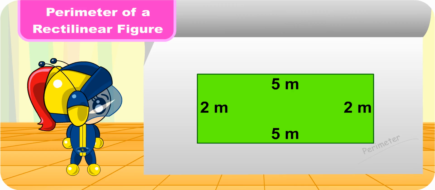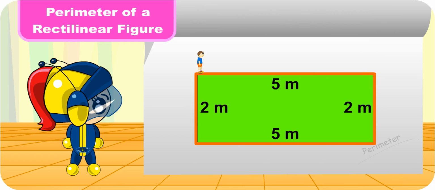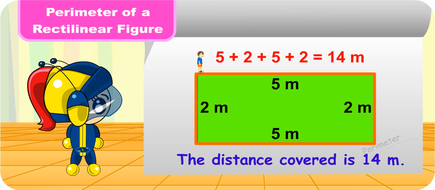What is the distance that Alan has to run in one round? Distance in one round is to add twice the length and twice the breadth. 5 plus 2 plus 5 plus 2 is equal to 14 meters.